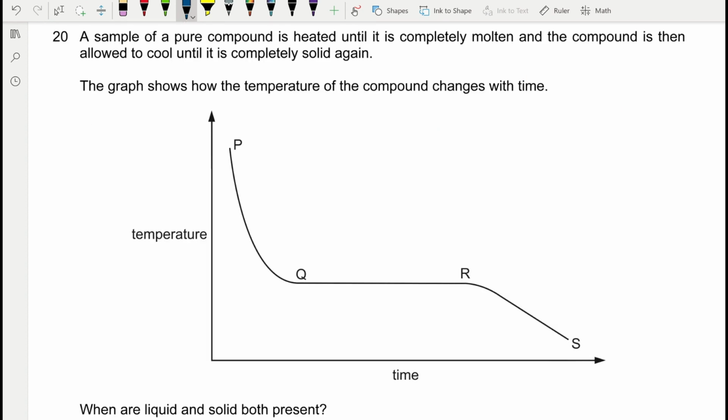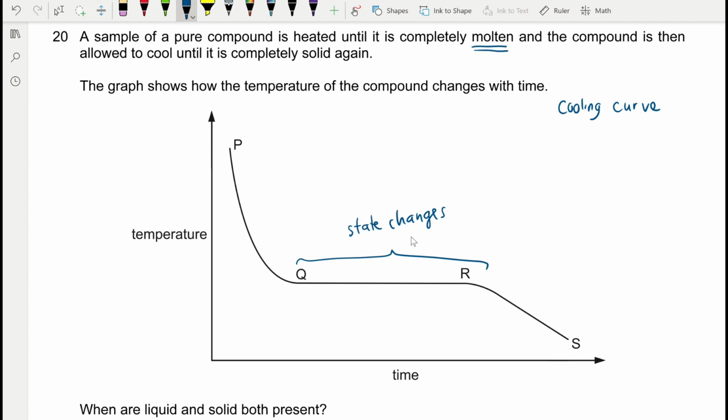Question 20. This is called the cooling curve. So we start at a high temperature, and from Q to R there is no change of temperature. This is when there is a state change. According to the question, we start off with a liquid.